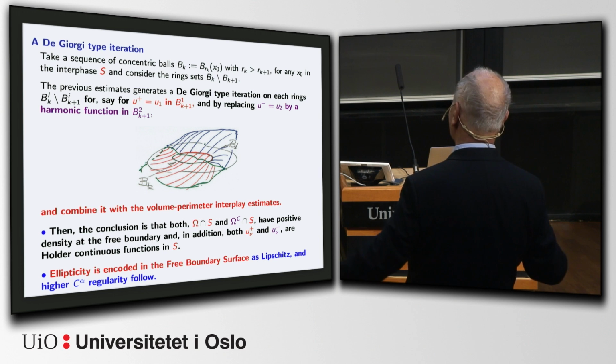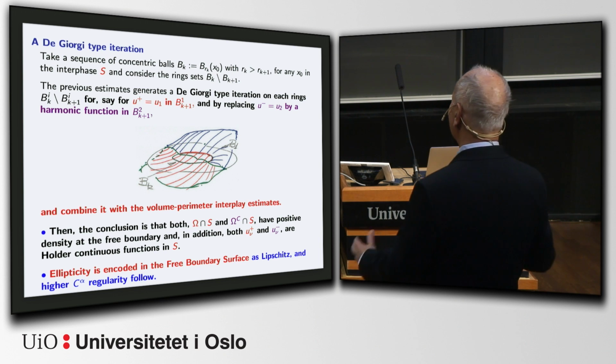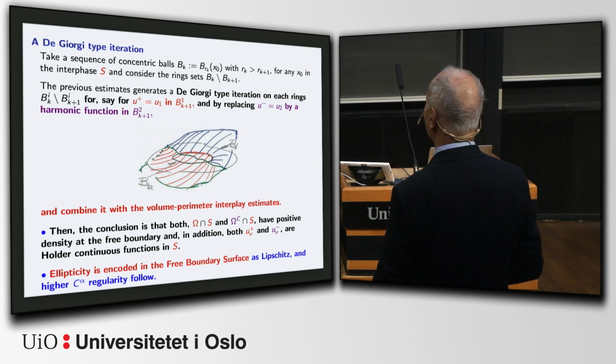Okay, that's another of that type, right? Here it has the Giorgi. I told you the Giorgi has these things which are flat and then come at an angle. Well, here is one, the Giorgi type iteration, right? You have a sequence of points. So here you have a picture of these things, right?